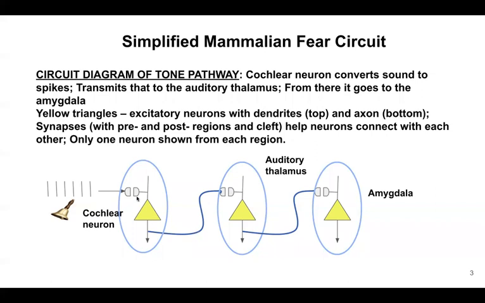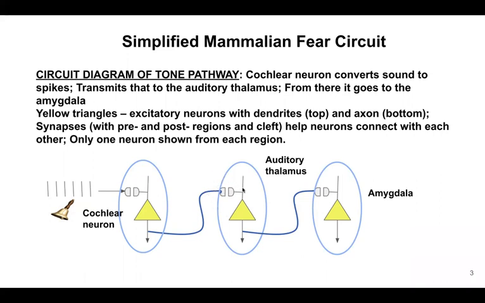So as we can see here, this excitatory signal from the cochlear neuron goes to this primary neuron, this neuron in the ear, that will send a signal via an axon to the dendrite of a neuron that's located in the thalamus, in the auditory thalamus.